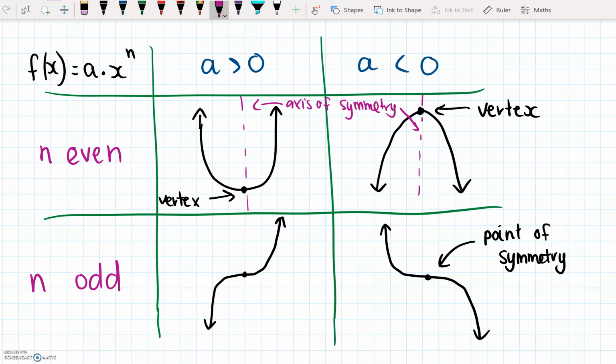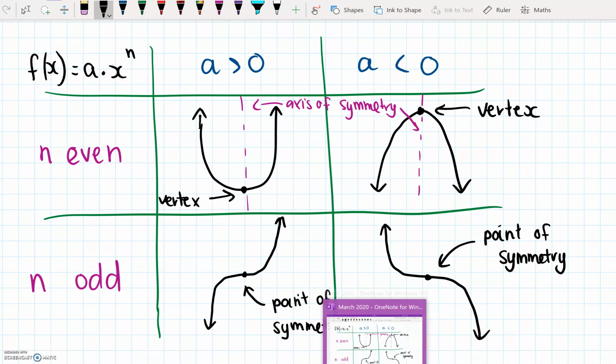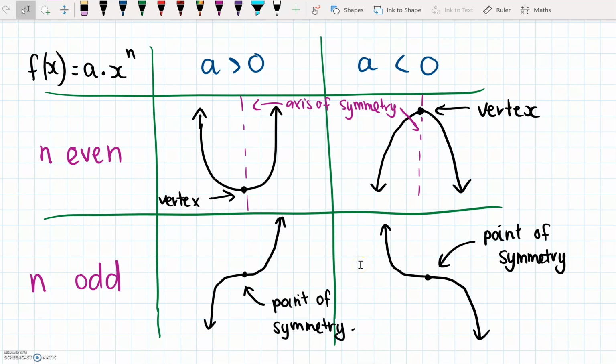But if you rotate it around that point, so if you rotated this 180 degrees, you would see that it actually sits in the same position. So this has what we call point symmetry, and this is going to again be relevant when we get to 8.6. Okay, so this is the important thing for the moment. Just make sure that you learn how this table works, and that you therefore know what the shapes of the functions are depending on a or n.